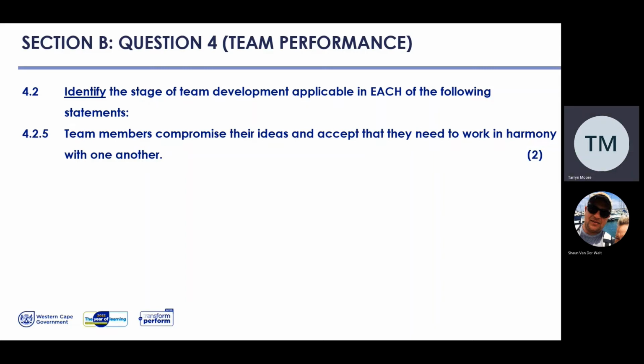Okay, I'll do this and you can do this because we are working in harmony with one another. So now things are settling down. They're getting back to normal. And wait for it, wait for it, wait for it. Yes, 100% correct. It is norming. Norming, that stage where everything is settled down, we've reconciled our differences, we're now working in harmony.